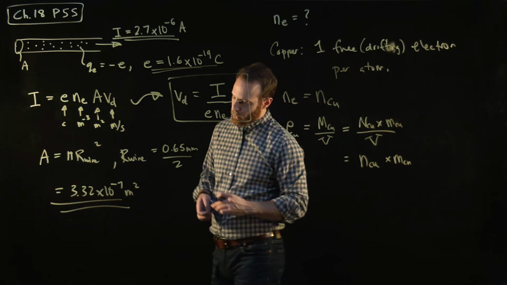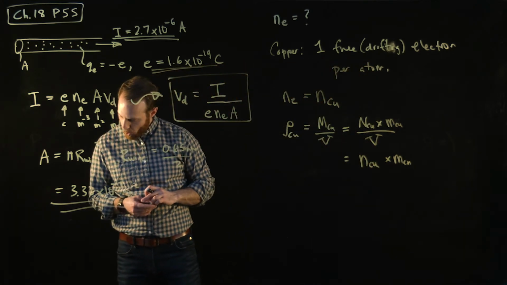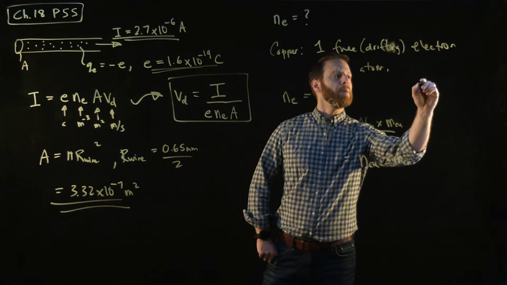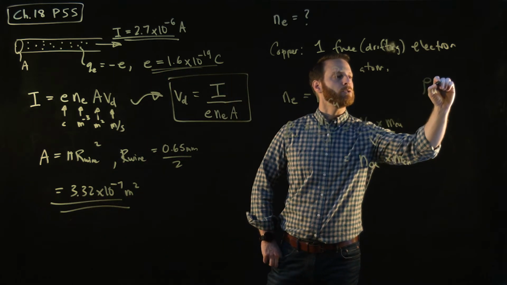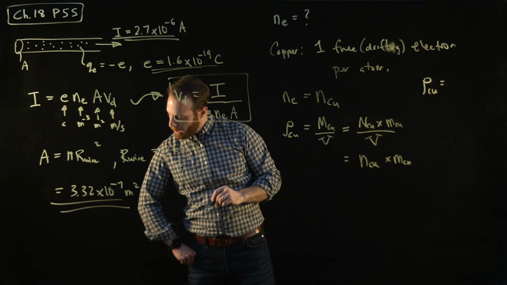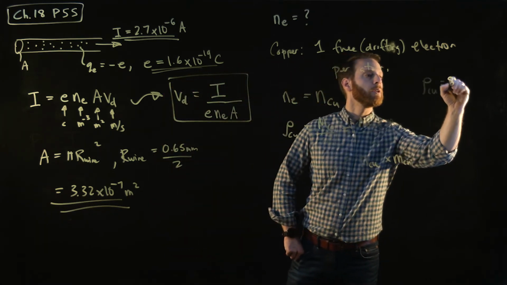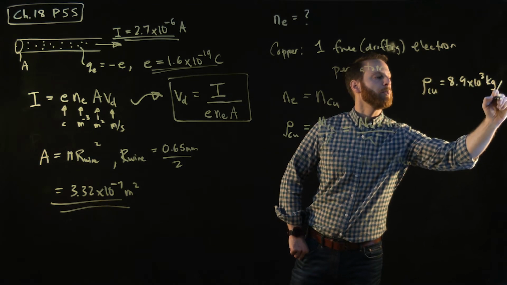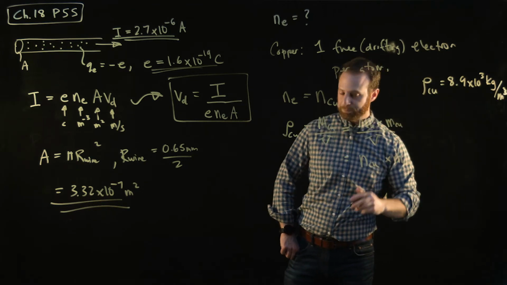So what we need to do is, given information we know about copper, in your textbook or online, you can look up that the mass density of copper is known. That's approximately 8.9 times 10 to the 3, in standard SI units, kilograms per meter cubed.